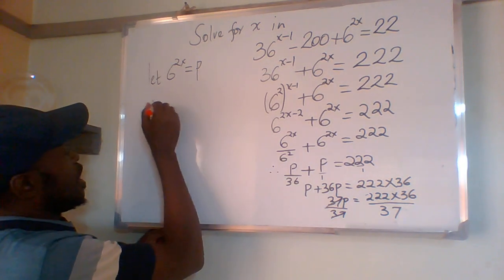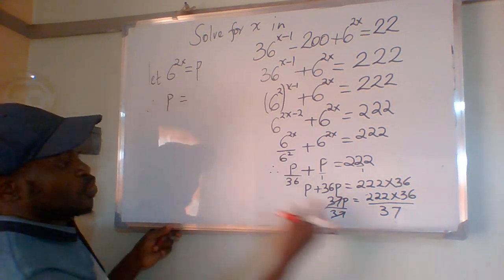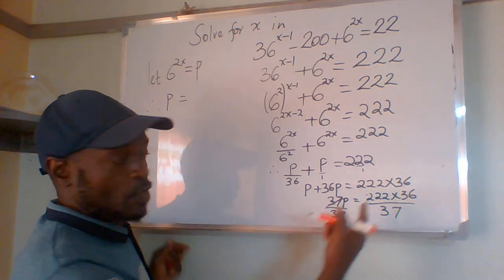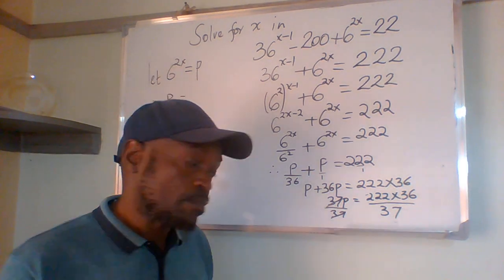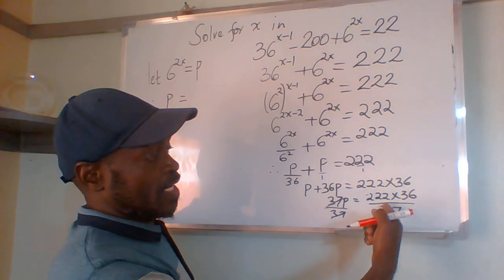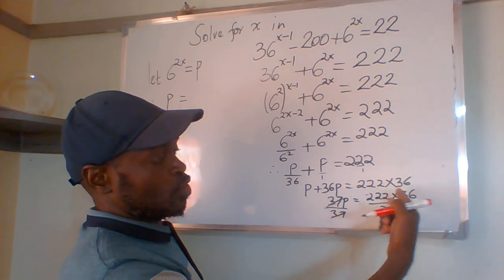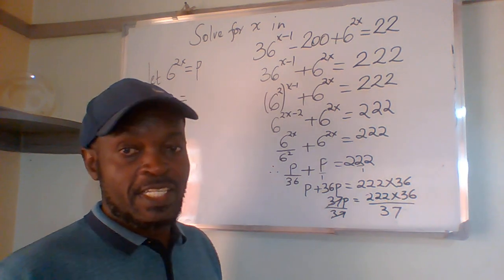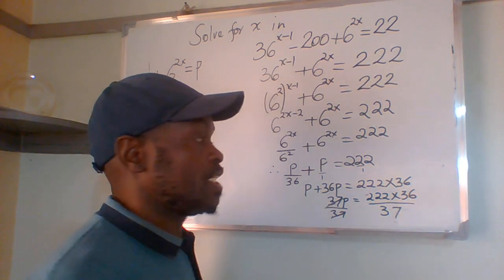Therefore, our p is equal to, when you use your calculator, 222 multiplied by 36. If you have your calculator, please try it.